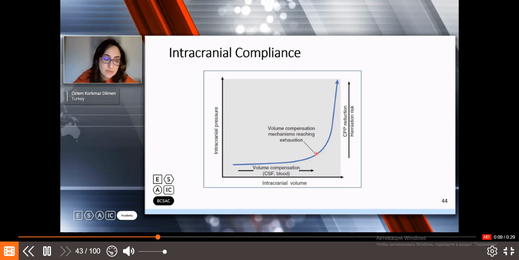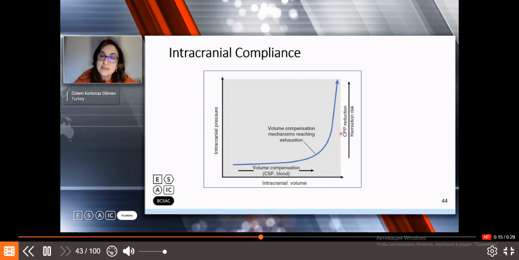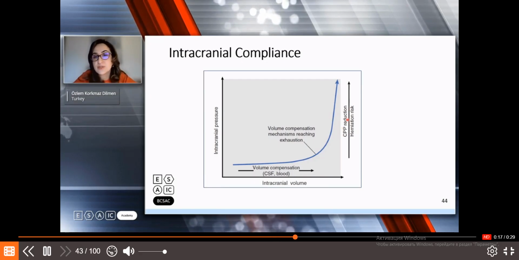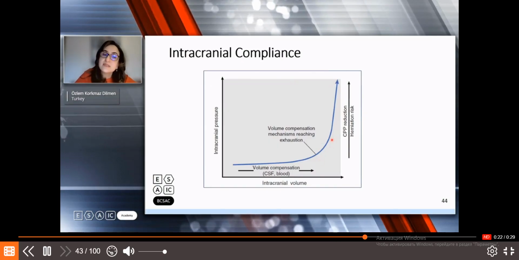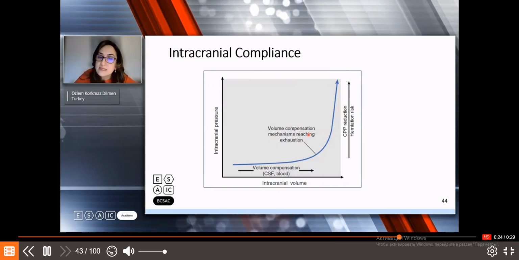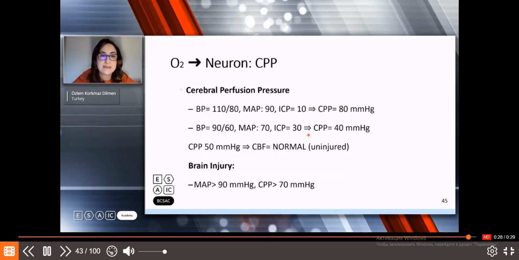But after that point, a rise in volume causes a rise in intracranial pressure and reduction in cerebral perfusion pressure and may cause herniation. That's why in our neuropractice, we always try to increase intracranial compliance.